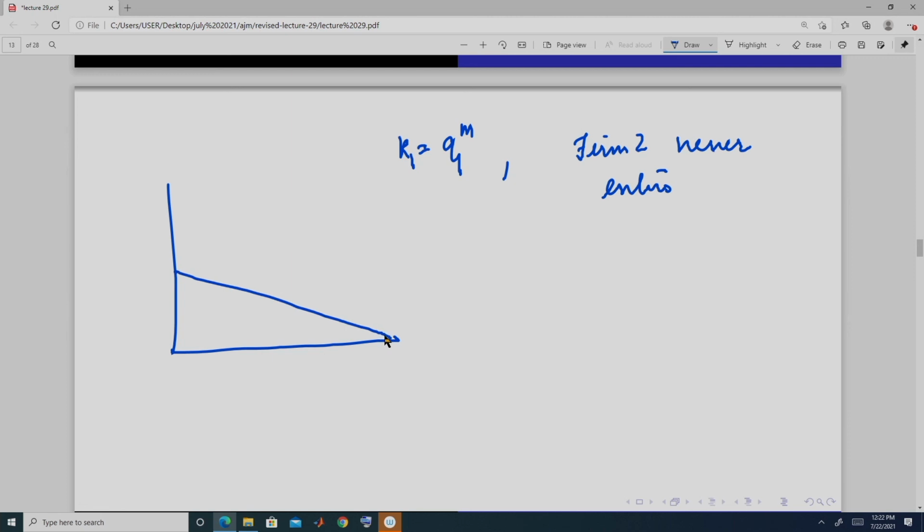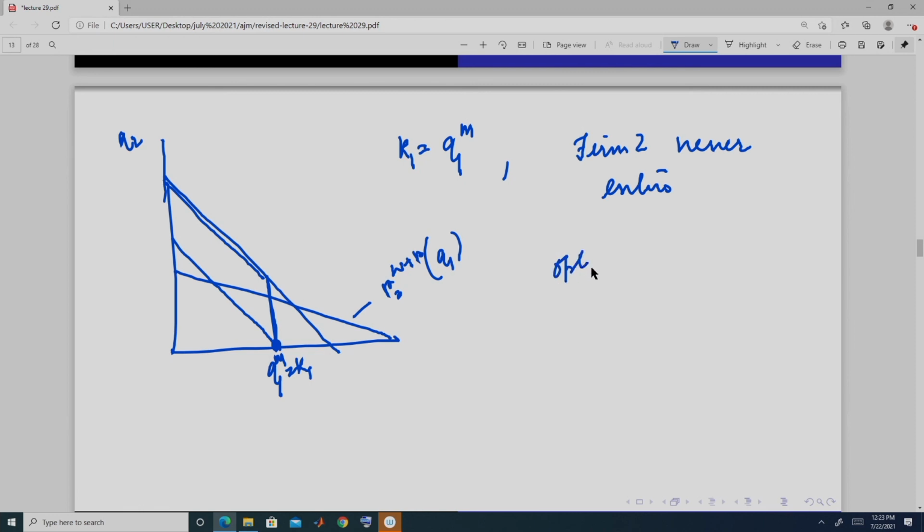So, if this is the reaction function of farm 2, this is going to be the outcome. Okay.